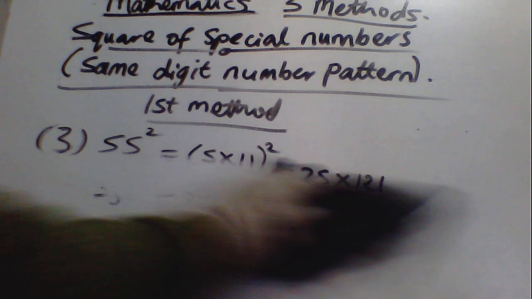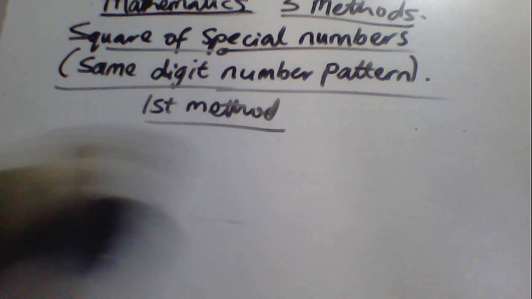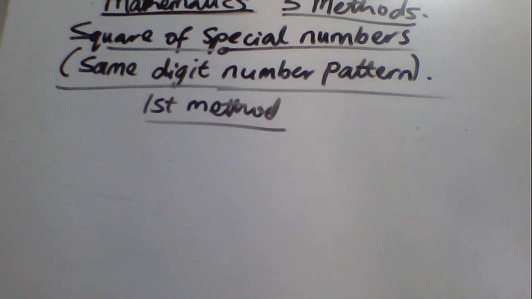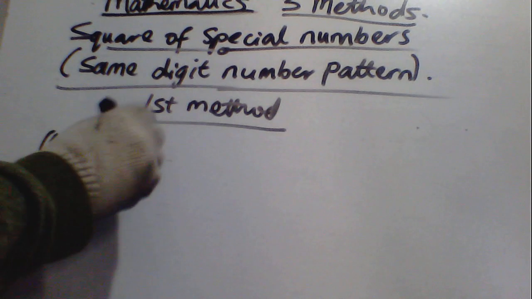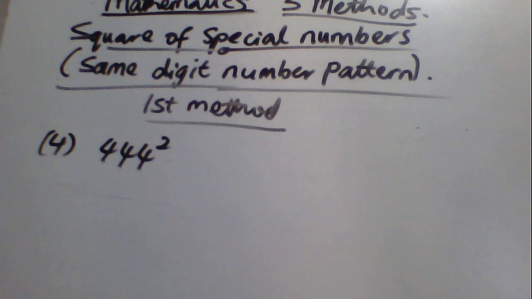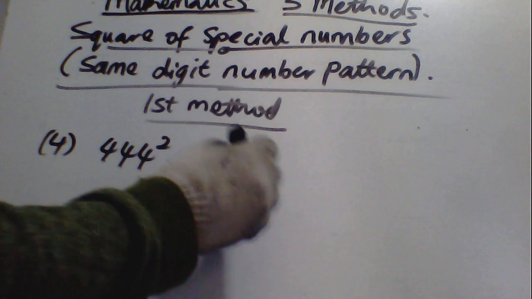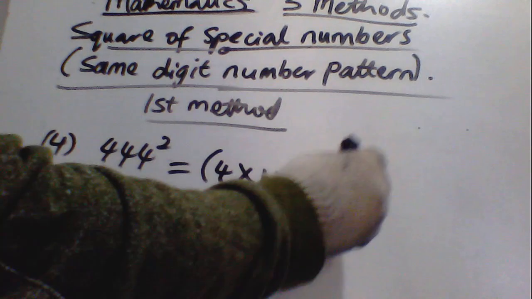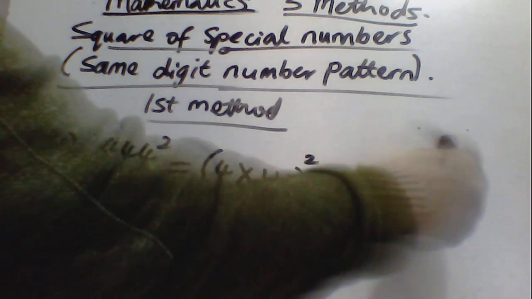Let's do example 4. Let's look at a 3-digit number. So another one is 444 squared. This is the same as 4 times 111 squared, and this is the same as 4 squared times 111 squared.